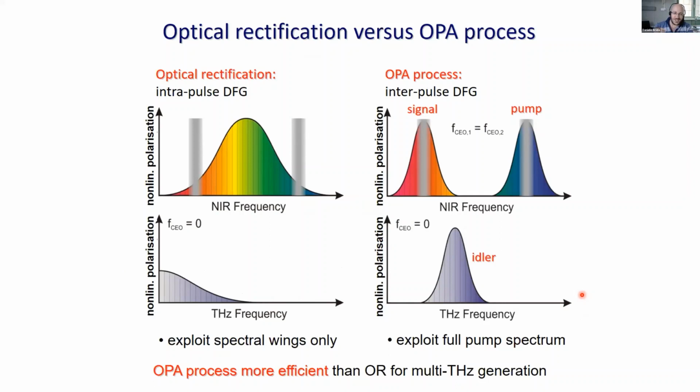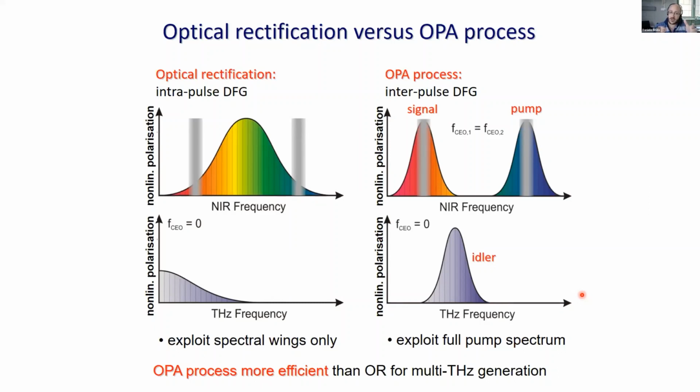One is traditionally called optical rectification, in which a single pulse is at the input of your nonlinear crystal, and you do the difference frequency generation between two spectral components of the pulse itself.